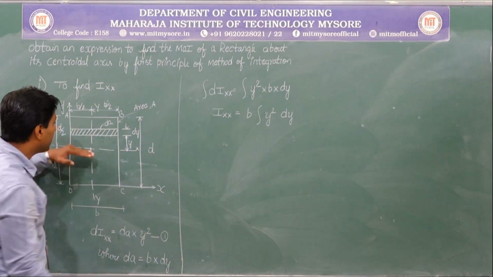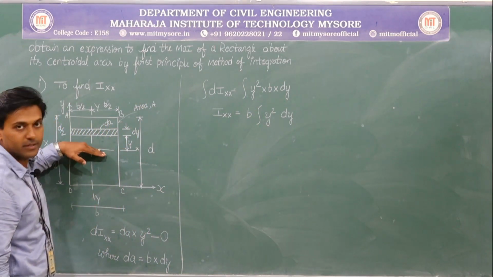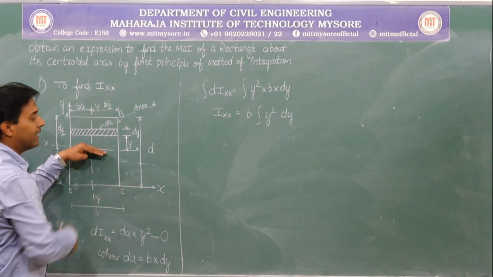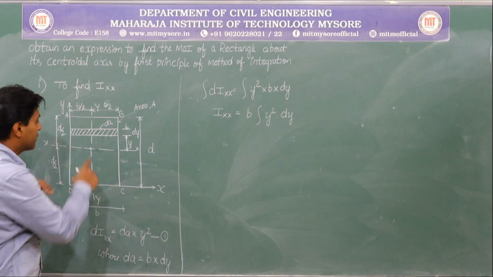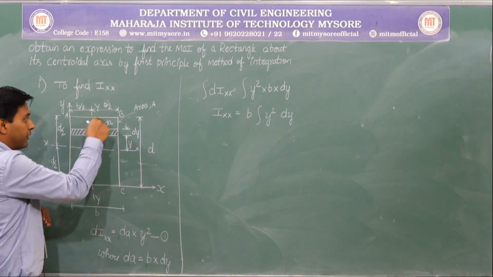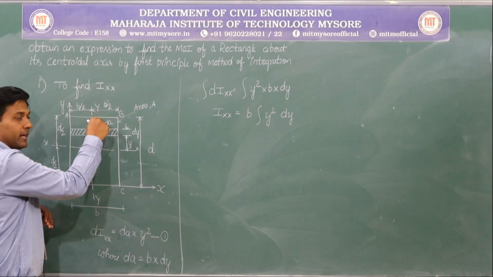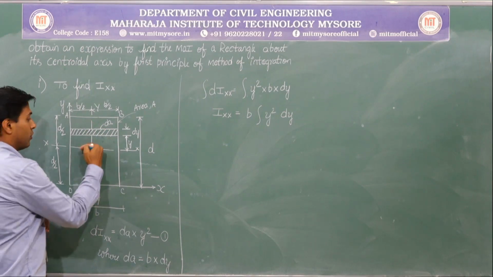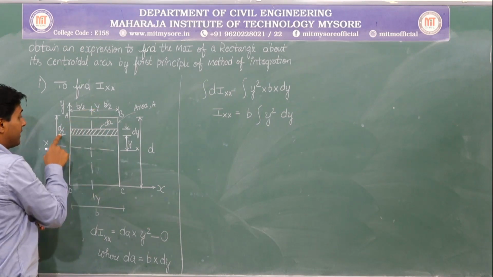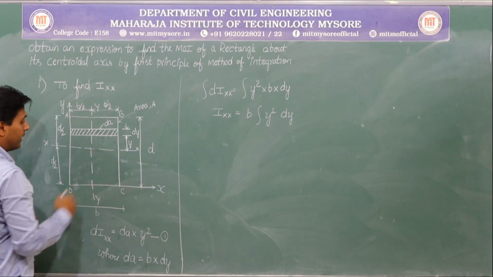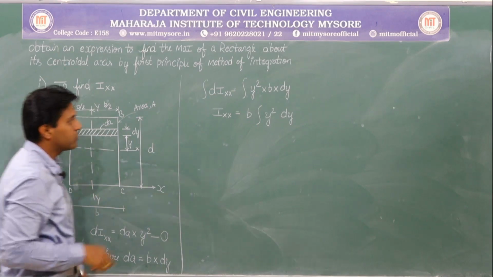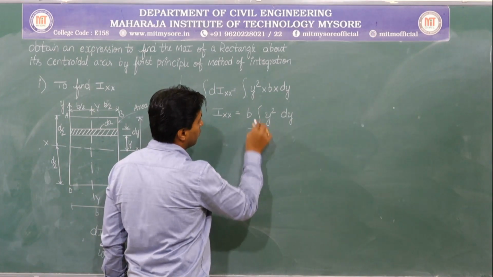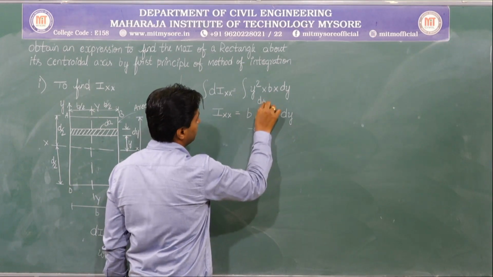Think that you are standing at the centroidal xx axis. You need to go upward to complete this area, and downward to complete the other part. So the upper limit is plus d by 2 and the lower limit is minus d by 2.